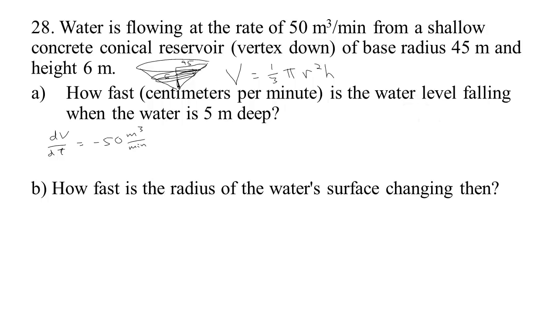You can see if we pull out this little cross section and look at it. So this is the depth of the tank, which is 6 meters, and then this is the radius, not to scale, which is 45. Now when the height falls down to some new value, h, then we have a new radius. But I can see that there's a relationship here because we have similar triangles.